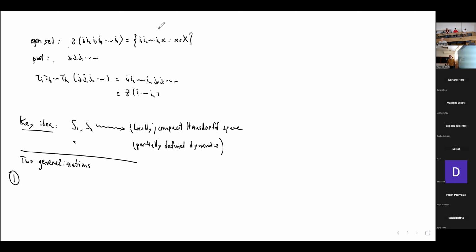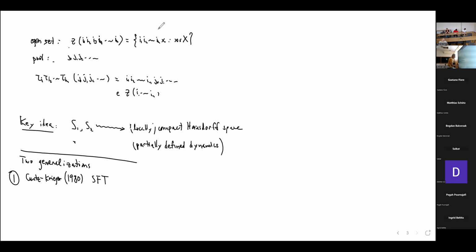Of course, I'm sure Kuntz did, and he teamed up with Krieger, who was a dynamics person. And so they treated subshifts of finite type. So Kuntz and Krieger, the paper appeared in 1980.